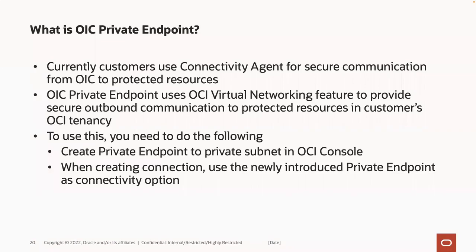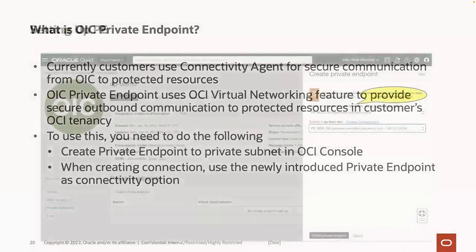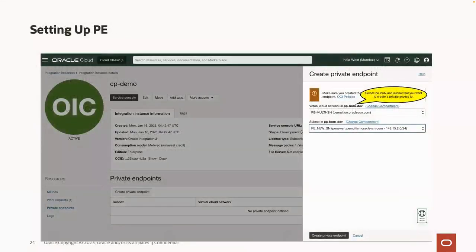This will not work for SaaS tenancies unless they have a related UC tenancy. However, it will work for all your UC tenancies, and we're just enabling this in the next few days. When creating a connection, you'll be able to choose a private endpoint as a connectivity option.